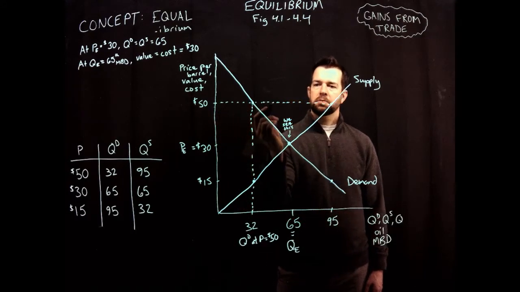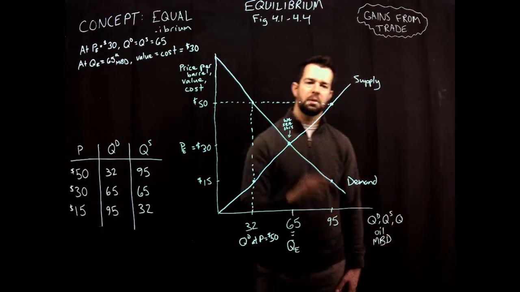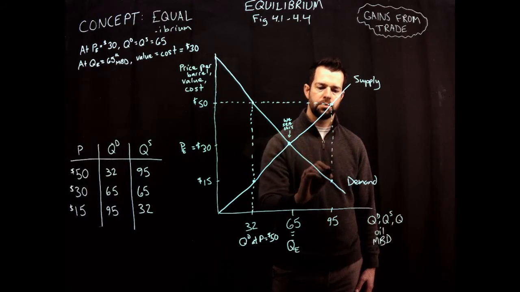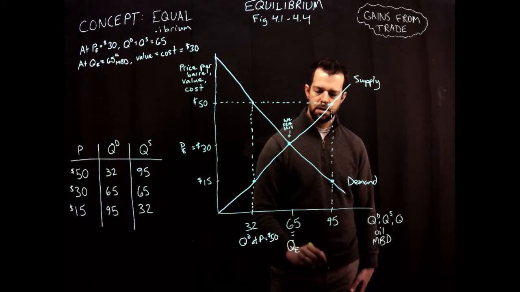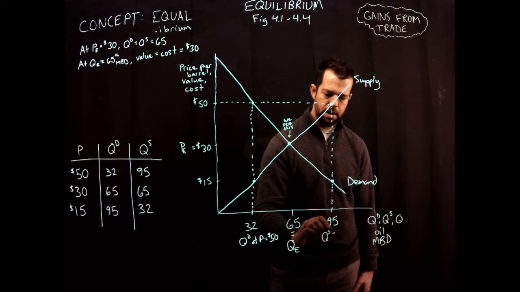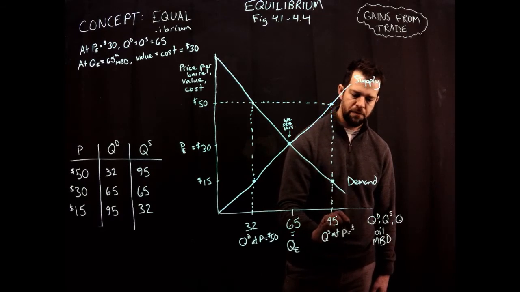At a price of $50 per barrel, the most that sellers are willing and able to produce is going to be much higher. Remember, sellers like higher prices because now they can cover higher cost forms of oil extraction. So we could say that 95 million barrels per day is the quantity supplied at P equals 50.